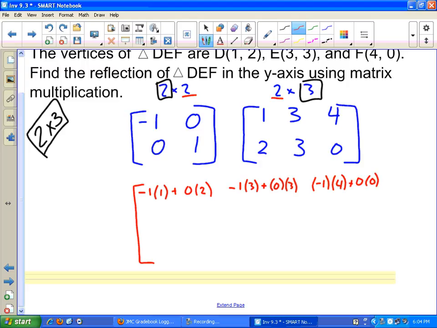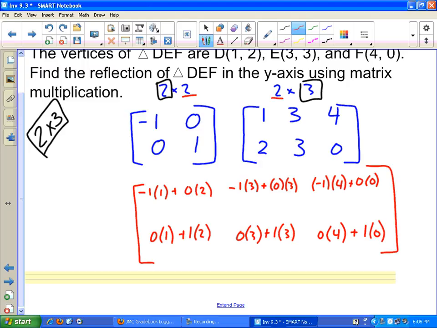On the bottom, we're going to have 0 times 1 plus 1 times 2. Then 0 times 3 plus 1 times 3. Then 0 times 4 plus 1 times 0. Close our bracket.